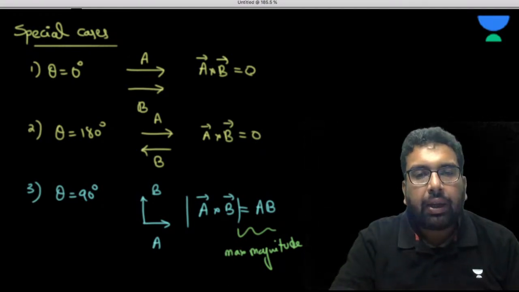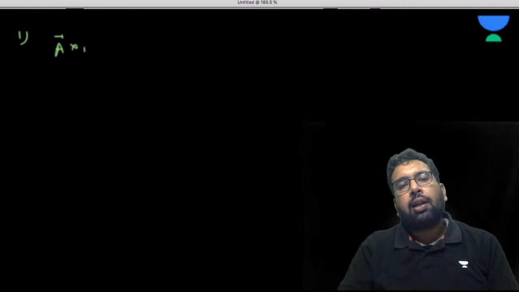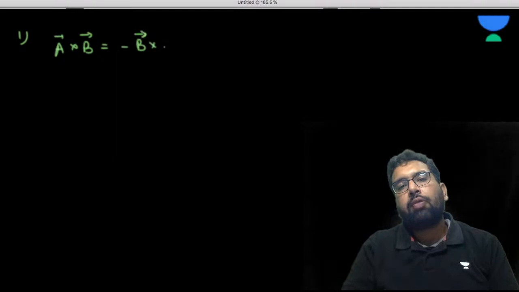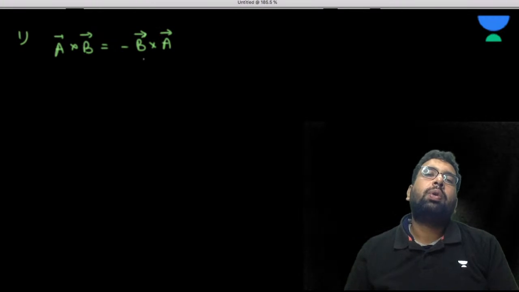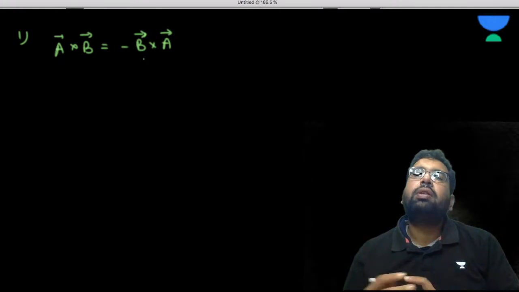Now afterwards we have seen some properties of the vector product. I spoke about all this in the last session. First, vectors are not commutative, so they do not follow the commutative law, but they do follow this: if I reverse the order in the cross product, it will be a minus.